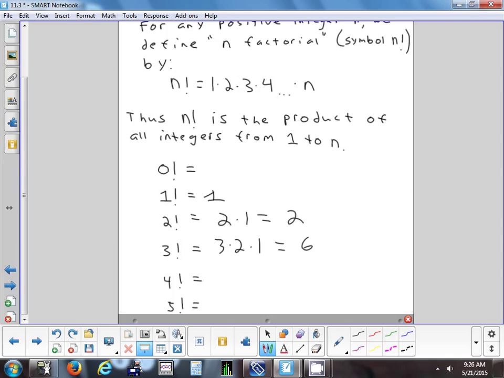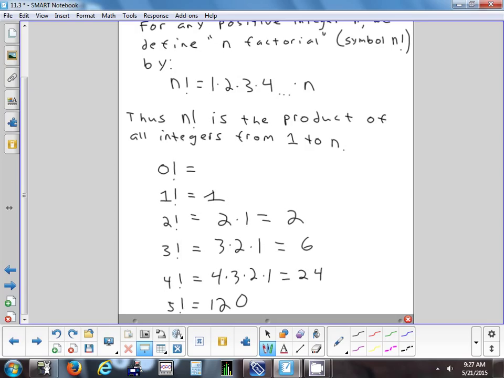And then 4 factorial? 24. Yep, it's 4 times 3 times 2 times 1. And how about 5 factorial? Yeah, 120. So by the time you let your number get to 5, you're already in the hundreds. It grows very quick.